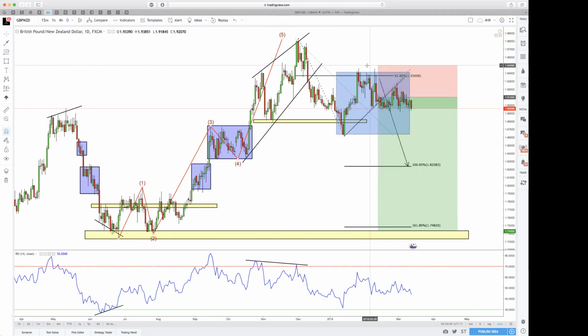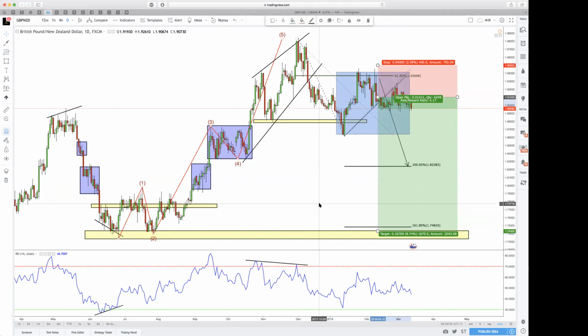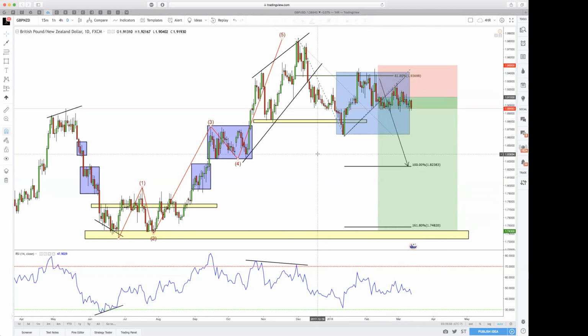We're going to have our stop loss right above there, take profit right there. That's a nice, how much is that? 1607, yeah, 1600 pips. Actually, 1670 pips. So it's quite a nice number, and the risk reward was 1 to 4. So it's a good trade.